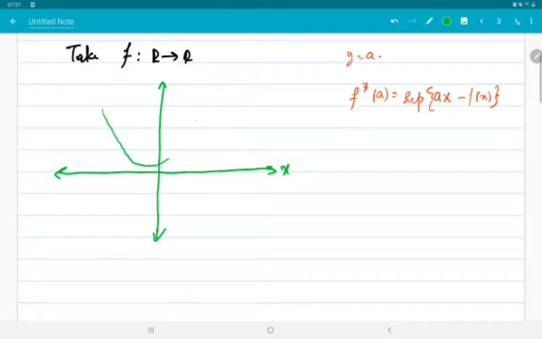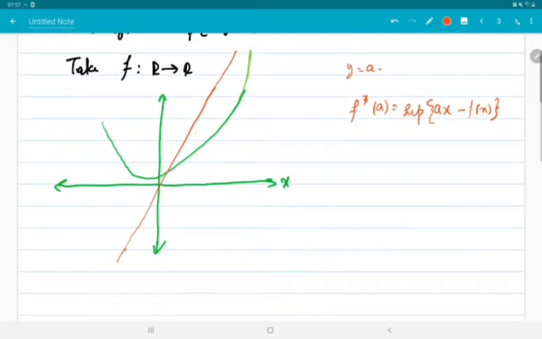I take f(x) like this, and my line like this. So this is my f(x), which is going like this, and this is my line, which will intersect at some point there.